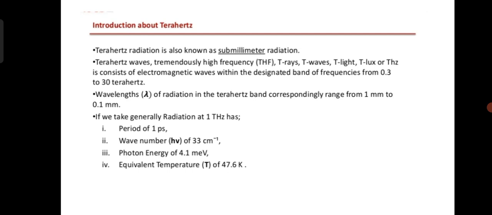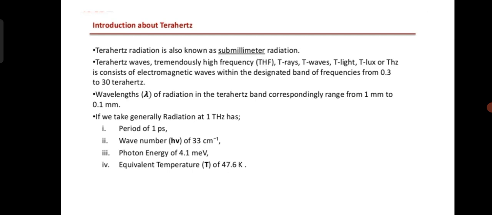It consists of electromagnetic waves within the designated band of frequencies from 0.3 to 30 terahertz. And the wavelength of radiation in the terahertz band correspondingly ranges from 1 mm to 0.1 mm.